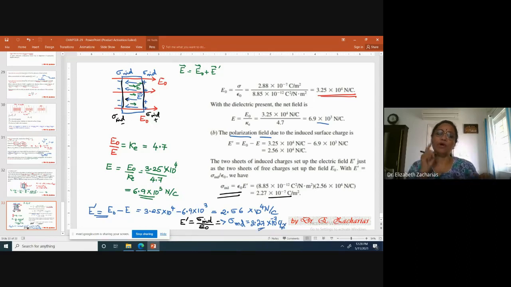Okay, now what I want you to do is guess and tell me whether sigma will be greater or sigma induced will be greater. What is sigma? Sigma was the charge on the two metal plates. What is sigma induced? Sigma induced is the induced charge on the surface of the dielectric. Which charge do you think is going to be greater?